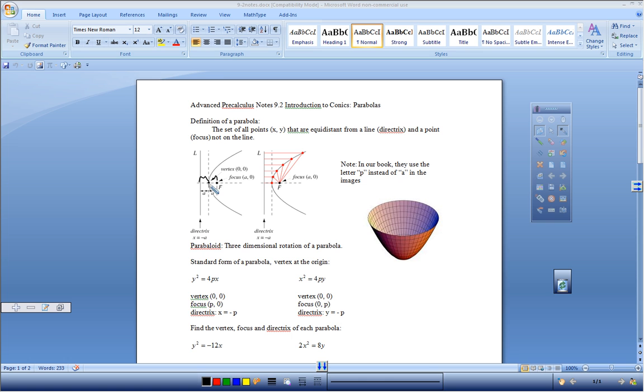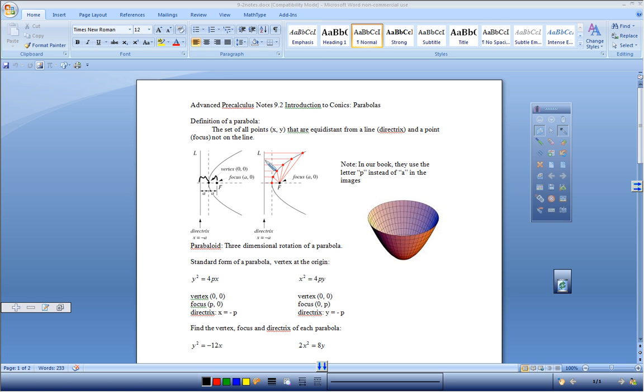And if you're right at the vertex of the parabola, it's easy to find the focus and the directrix, because that number comes out down here, and that distance is called P, or in this picture I have here, they call this A instead of P. In your book, they call that P, and I'll talk more about that. Now, the parabola is generated by finding all the points that are equidistant from this line called the directrix and from this point called the focus.